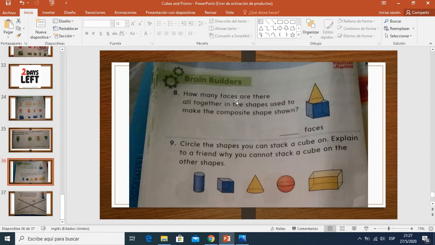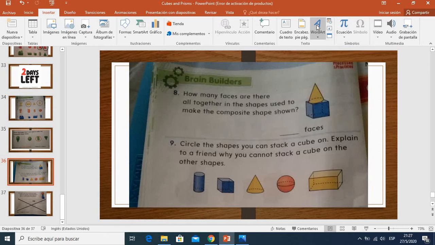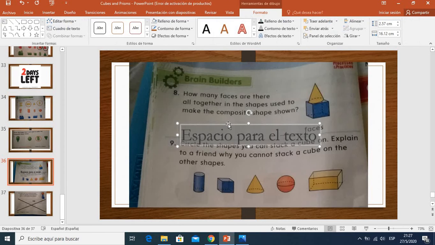Okay, brain builders, question. How many faces are there all together in the shapes used to make the composite shape shown? We need to count all the faces. Why don't we add, okay? Do you remember how many faces the cube has?